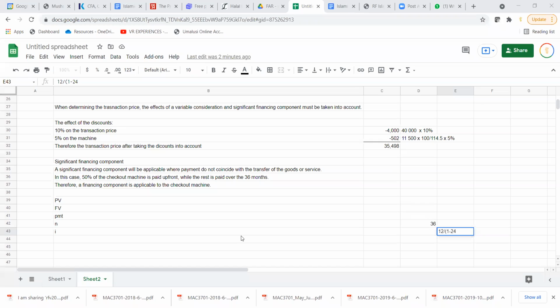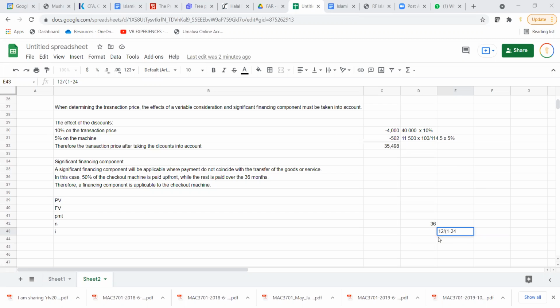So the discount rate that they gave us is 12% after tax. In MAC, we want an after-tax rate, but in financial reporting, we need a before-tax rate. Because the 12% is after tax, we need to convert it to before tax.